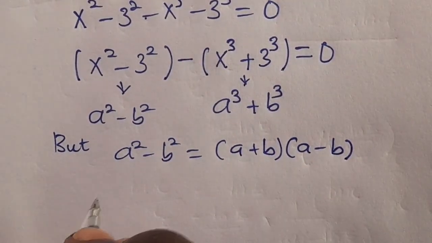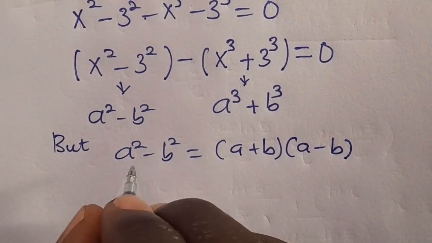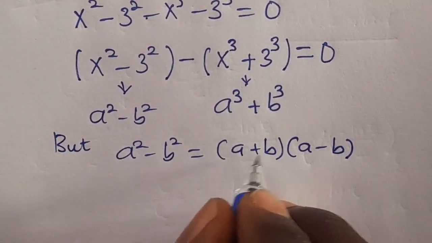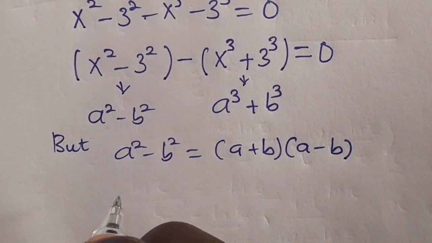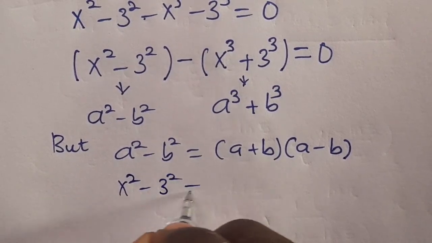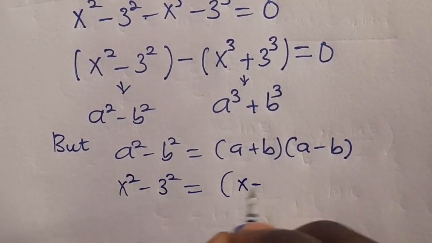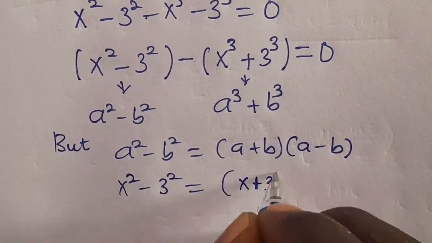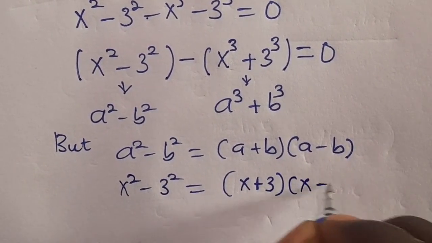This implies that from here, x square minus 3 to the power of 2 will be x plus 3 multiplied by x minus 3.